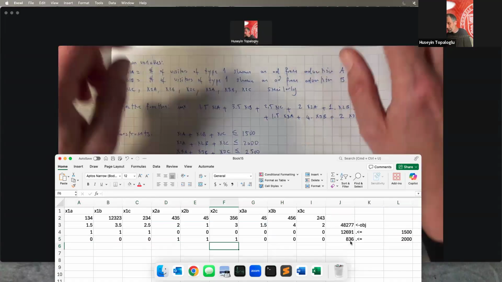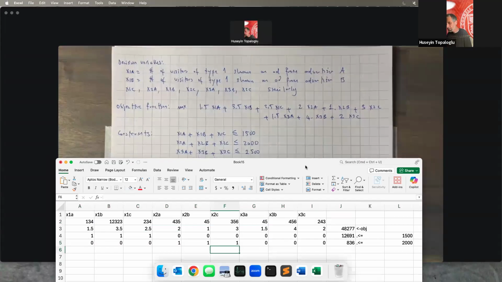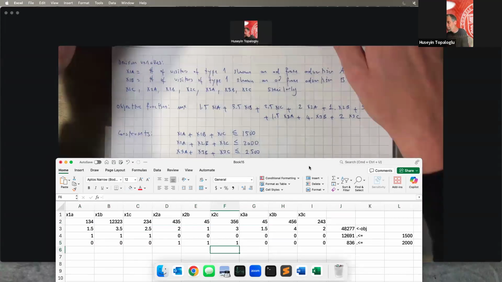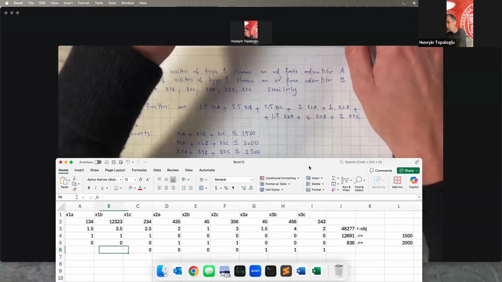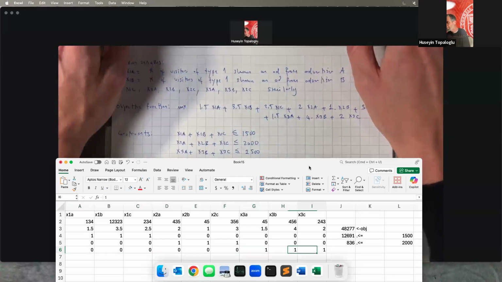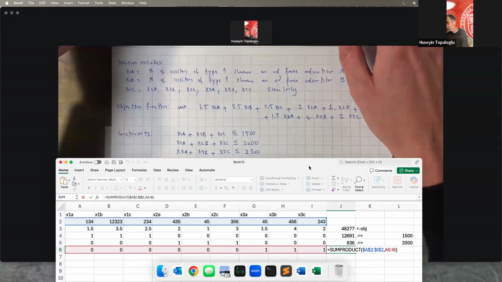Let's also write down our third constraint. In our third constraint, x3a, x3b, and x3c all appear with a coefficient of 1, and 0 everywhere else. Let's take the sum product formula right over here.